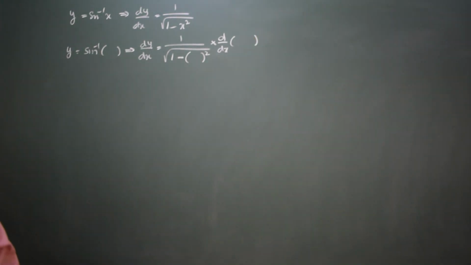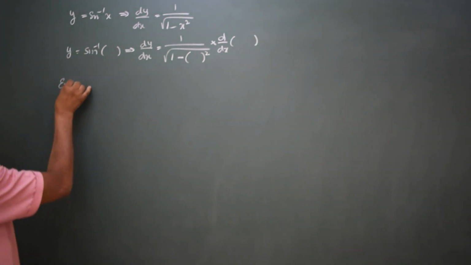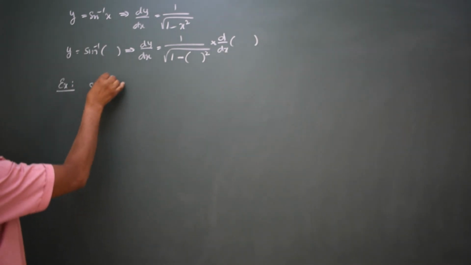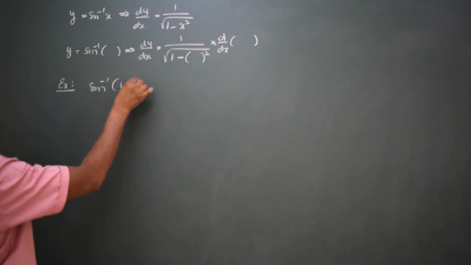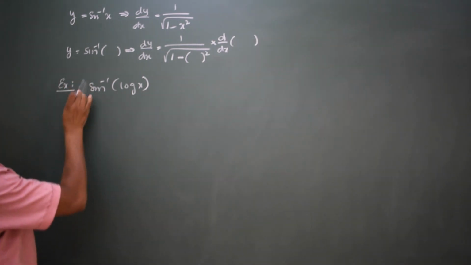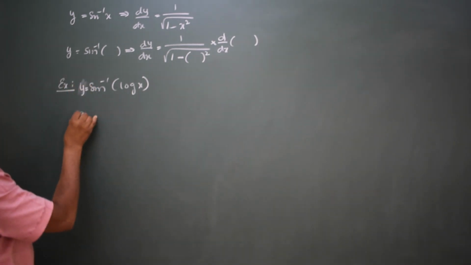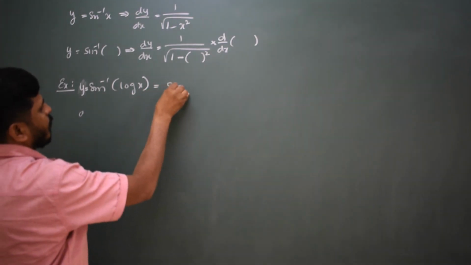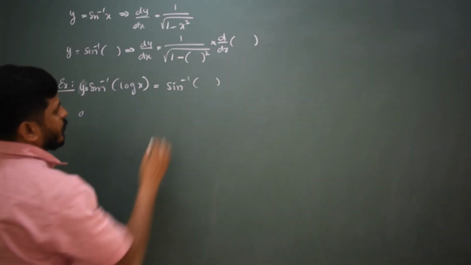Say for example, y is equal to sin inverse log x. How to read this one? Sin inverse something.